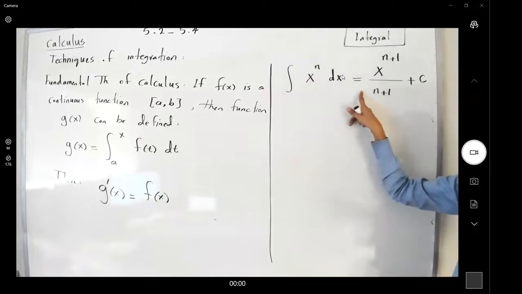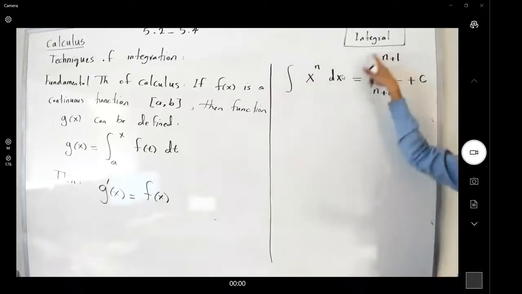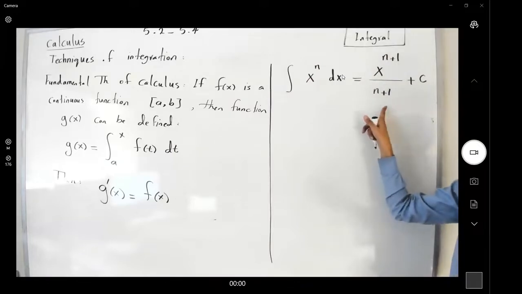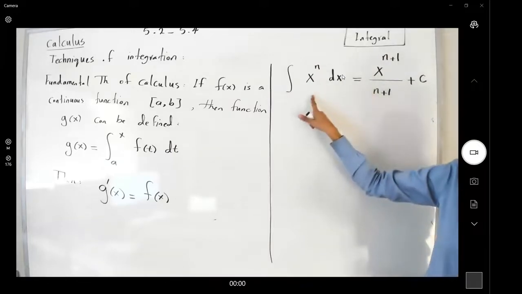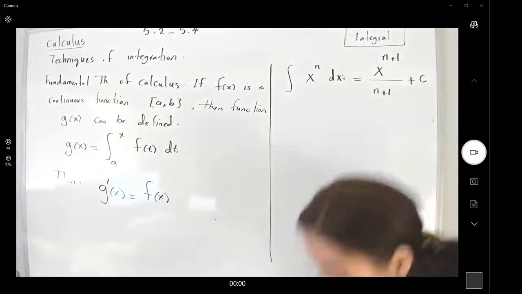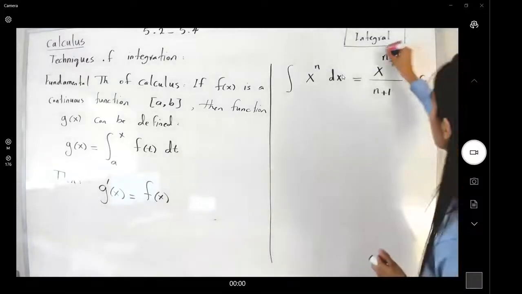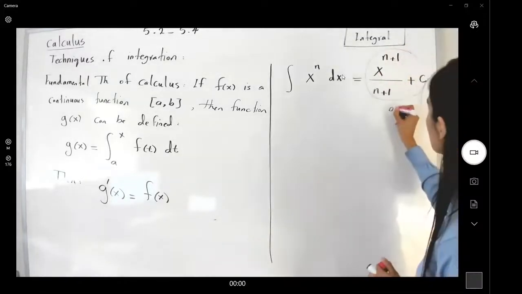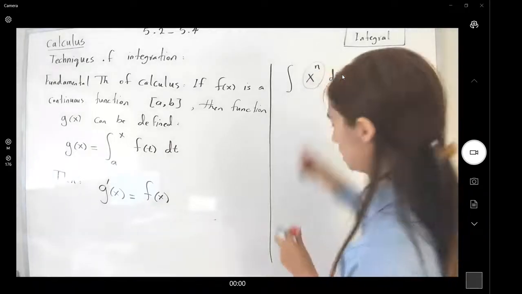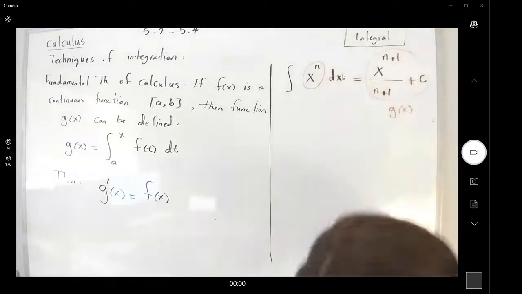The right-hand side is your function g. So if I take the derivative of function g, it must be equal to x to the n. So let's take a look at this. This is your function g of x, and this is your function f. Let me use a different color for this.